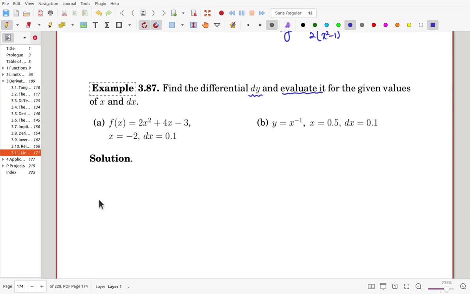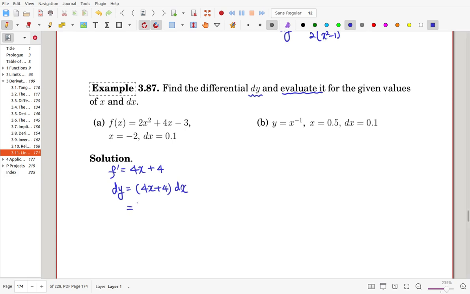So x and dx are acting as data. First we found here f prime, that is 4x plus 4, right? I rewrite it a little bit better way: 4x plus 4. So here, the dy is the same as 4x plus 4 and dx.